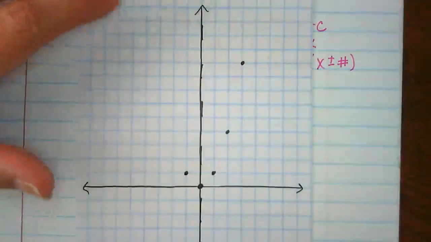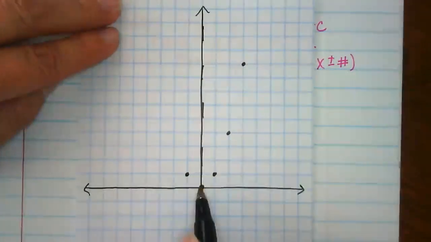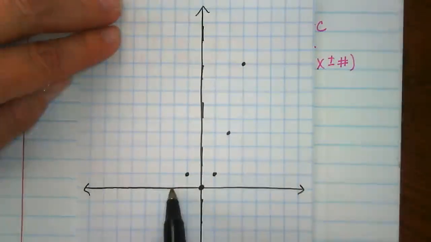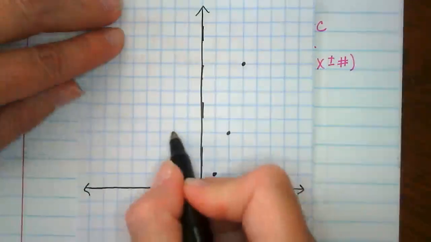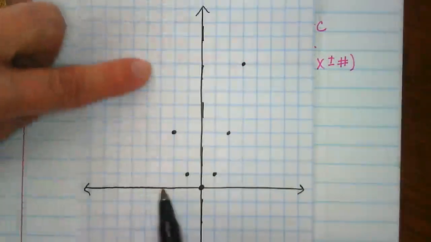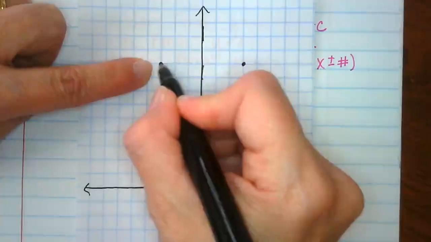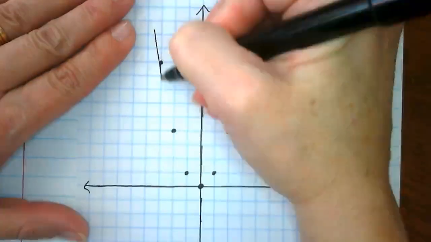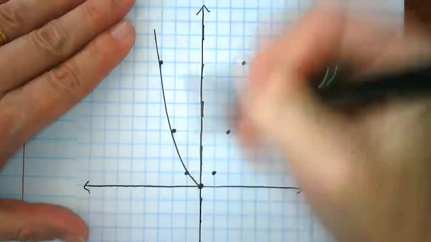The reason why that happens is because if we square -1, we still get 1. If we square -2, we get 4. If we square -3, we still get a +9.